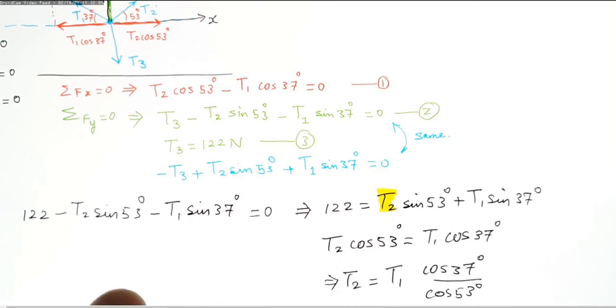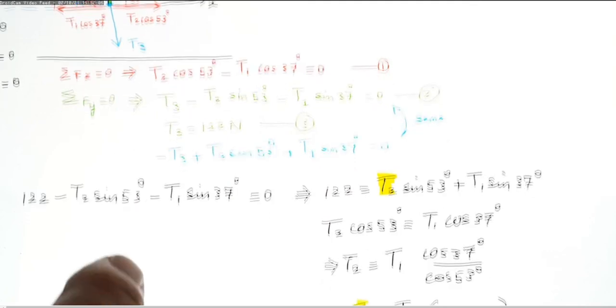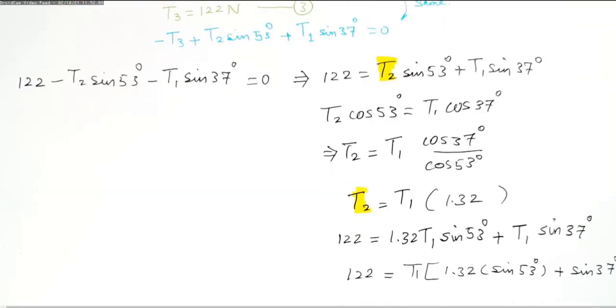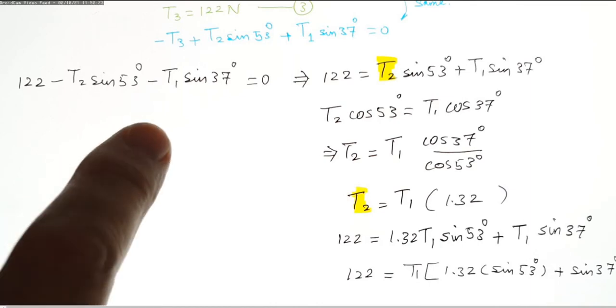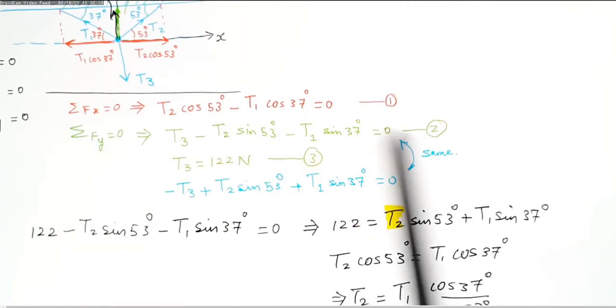In another problem, he will give us T1 and T2 and ask for T3. Or he will give us T3 and T2 and ask us for T1. Whatever the question, it will be the same method. We write the two equations and then we solve them.